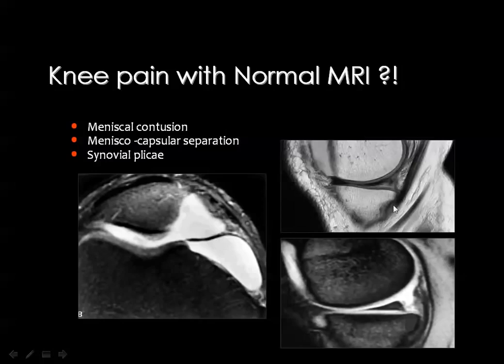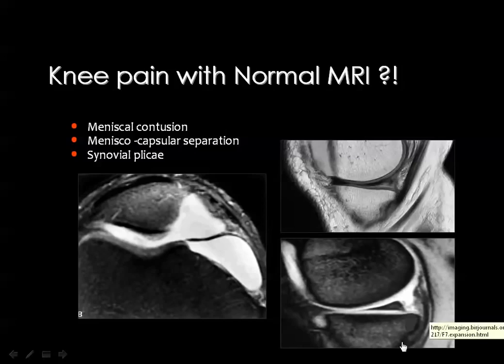Number one, look at the posterior horn of the medial meniscus. Sometimes this horn is irregular. As you can see, the contour is irregular, and you may pass this as artifact, but this is meniscal contusion. This is one of the causes of pain that may be overlooked during interpretation.